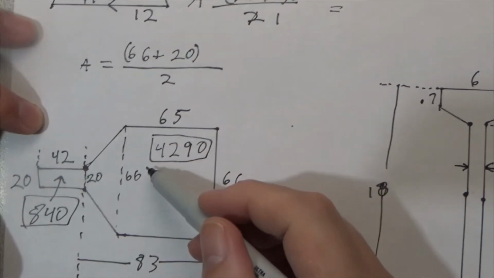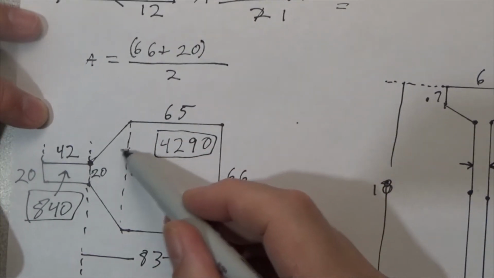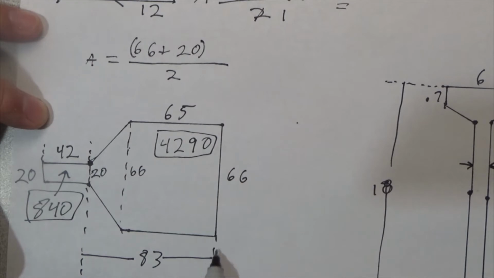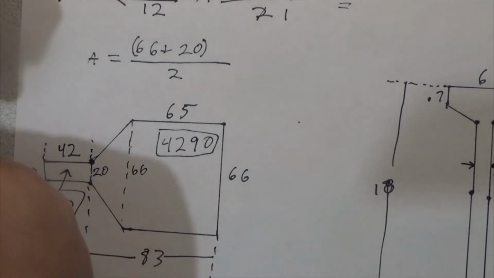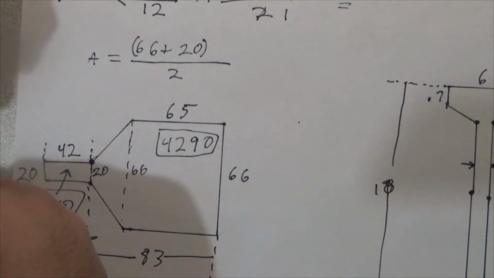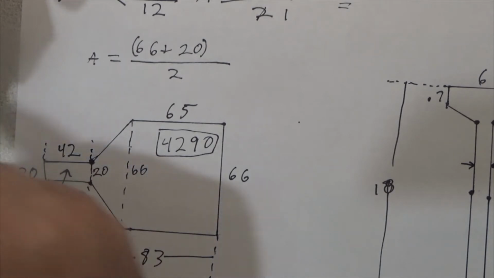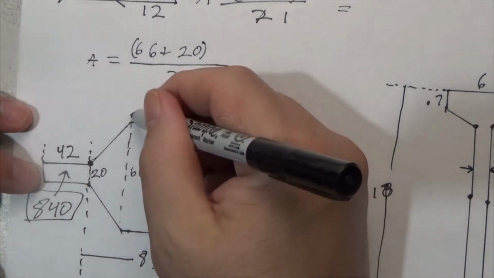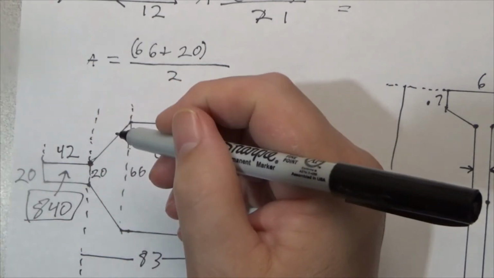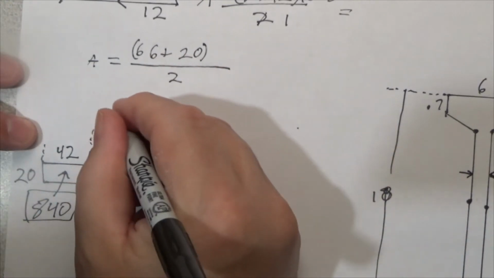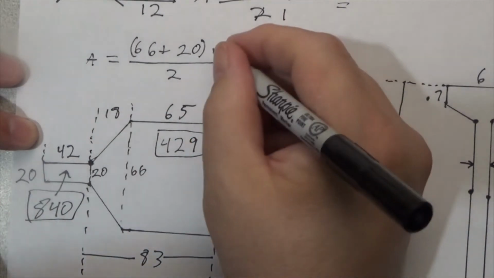So the height from here to here. So if this distance from here to here is 83, and then from here to here is 65, it's 83 minus 65. So that height, that distance right here is 18. So that's the height.